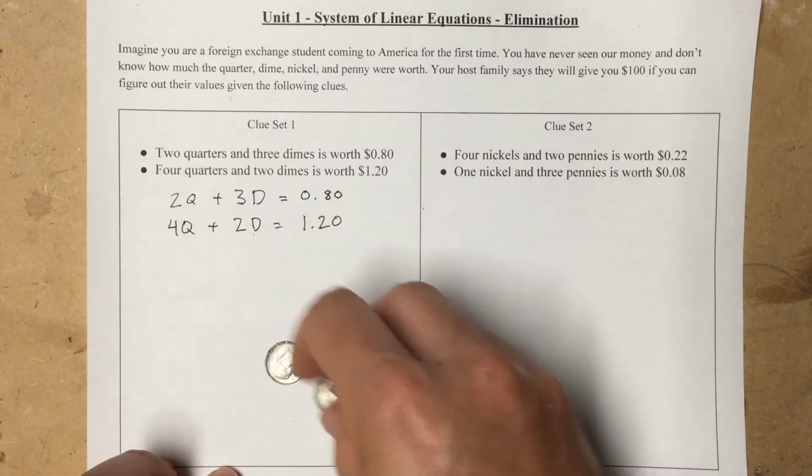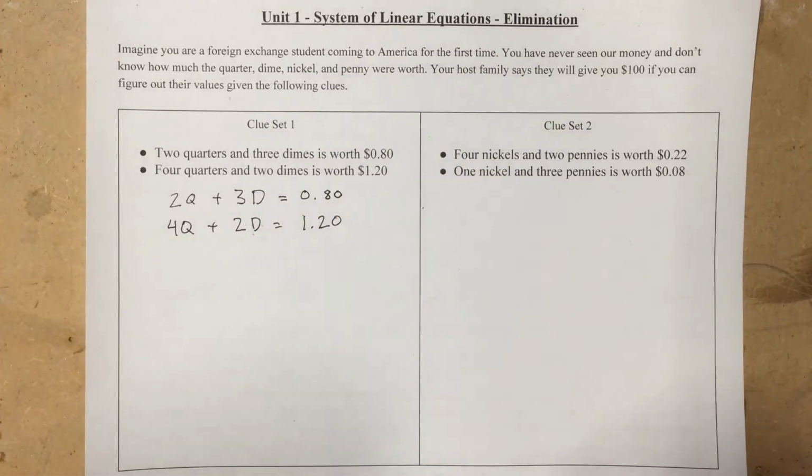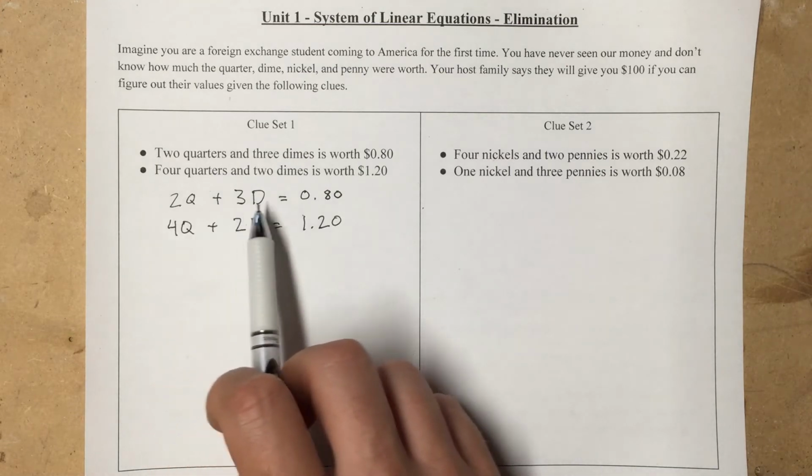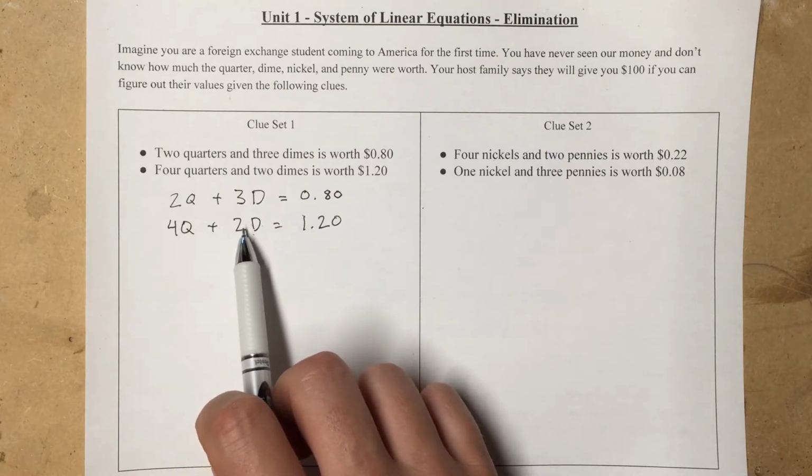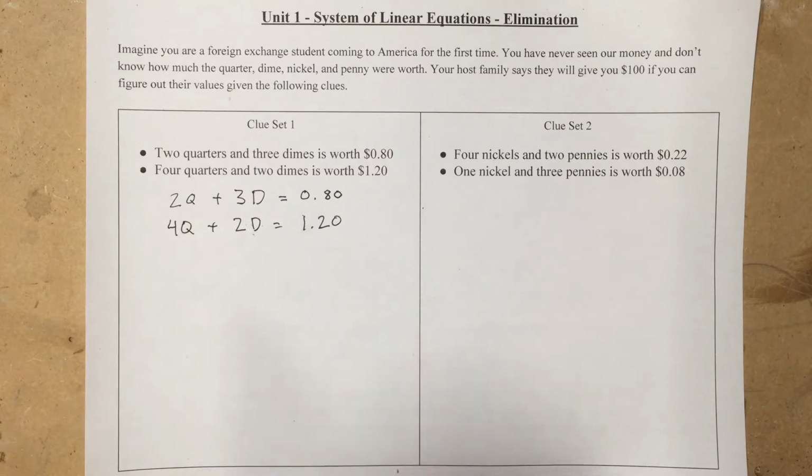Sometimes it's nice to visualize or see the objects you're working with. So now we have to deal with these clues. 2Q plus 3D equals 80 cents, and 4Q plus 2D is $1.20. Now, how do we figure out how much a quarter is worth, how much a dime is worth? That is where we're going to use the elimination method.